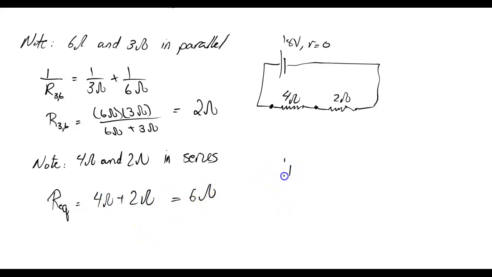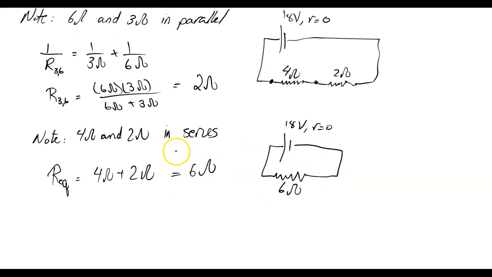And now my circuit becomes, as we see, there's only one resistance, the equivalent resistance for all of them, which is equivalent to the earlier circuit that was given to us.